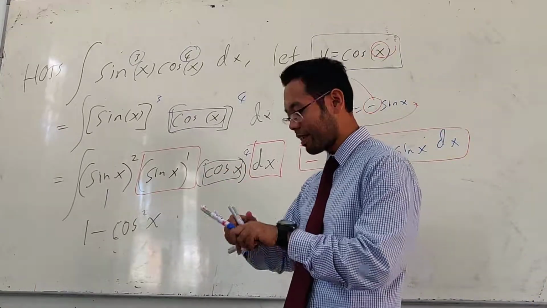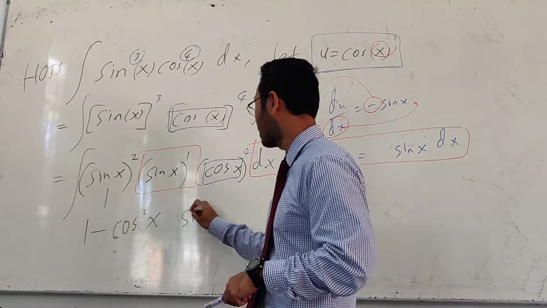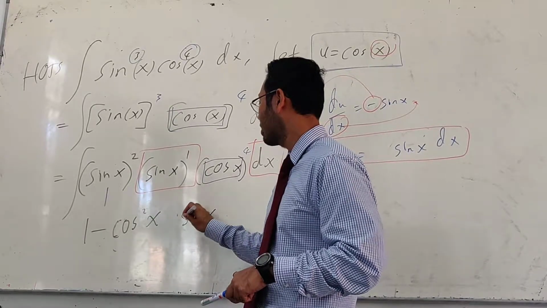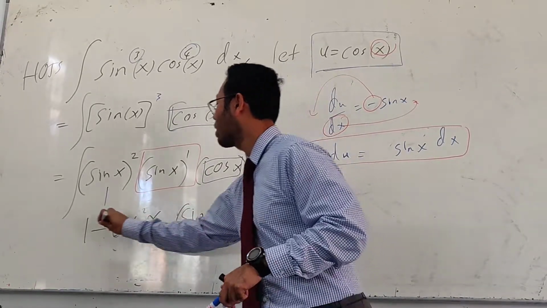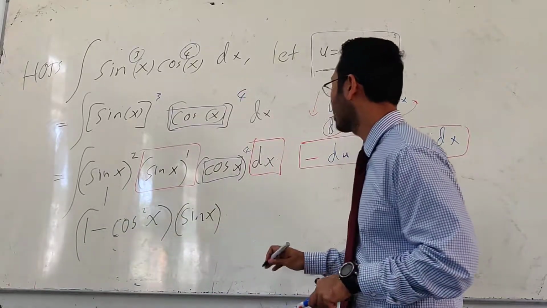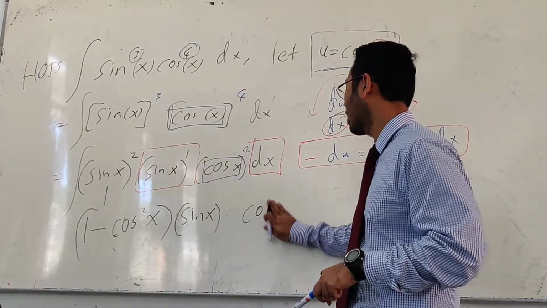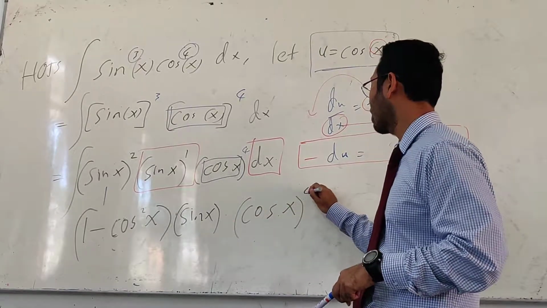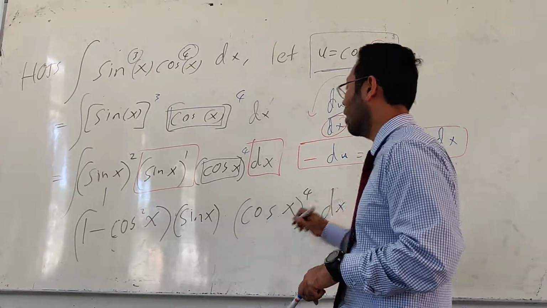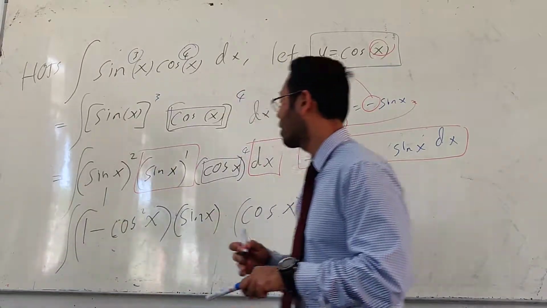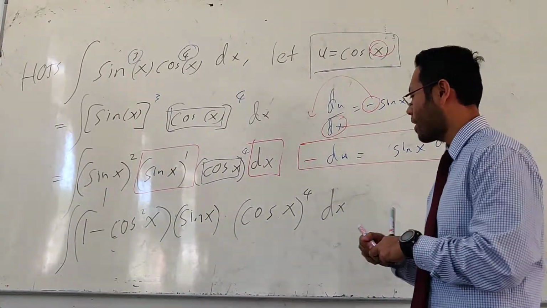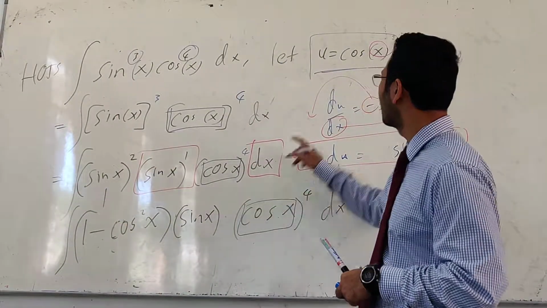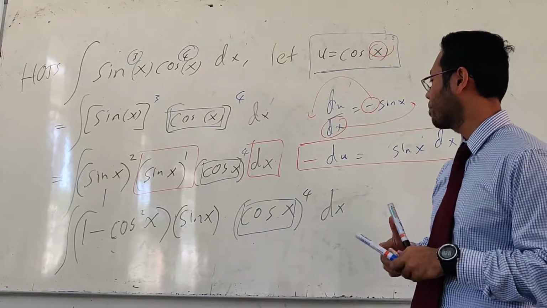So let us rewrite everything back just to make sure it's easy for us to see. One more time: cos x we're going to replace with u, no problem.